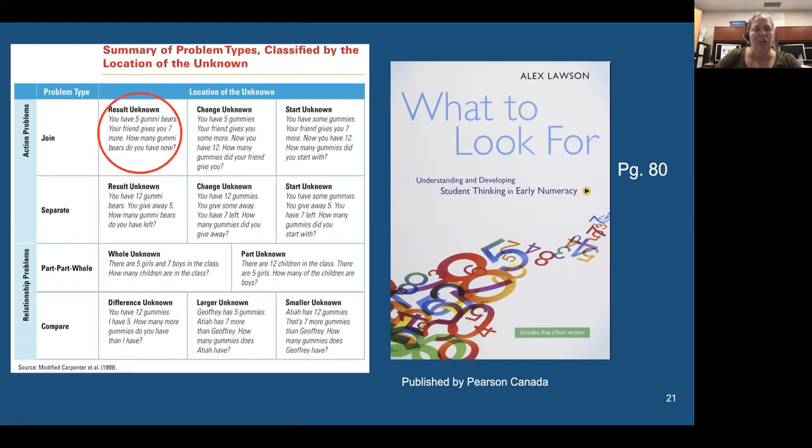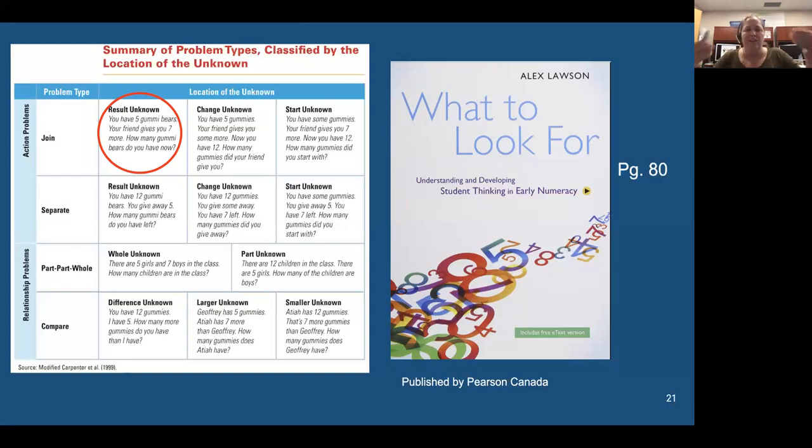The most common one, the one that we're most familiar with probably, is this addition type of problem. The problems are categorized based on whether or not they have an action in the problem. This type of problem has an action, and that action is a joining action.